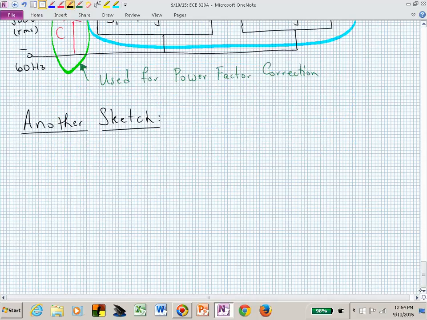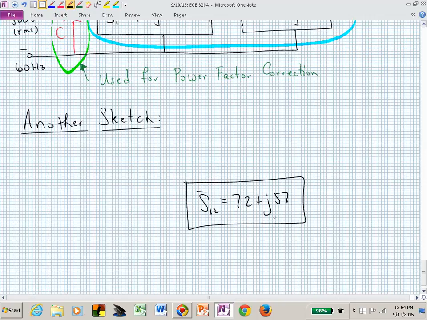Here's another sketch. Let's now, in this sketch, combine everything. Let's say this is now S12. That's now 72 plus j57 kVA. We now want to introduce this capacitor in parallel, let's say. Well, maybe what I'll do is I'll make it different.